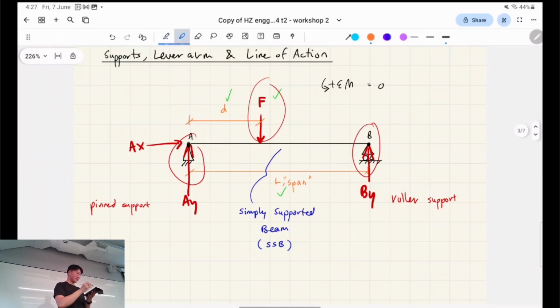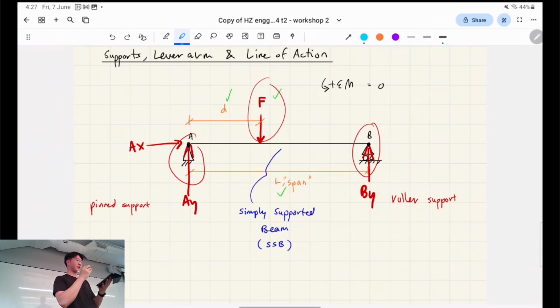Okay, let's talk about lines of action. So for every force that you see, this is a point load, like an external load of some sort, and we also have these reactions which happen at these points. So these are also forces, essentially, right? They have something called a line of action.